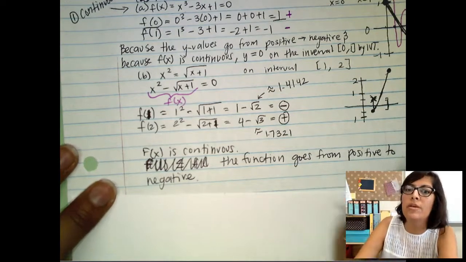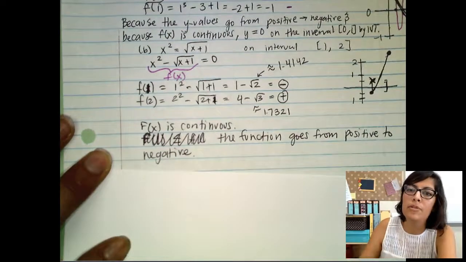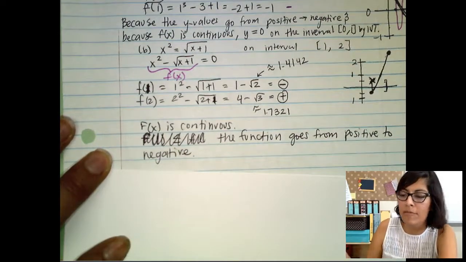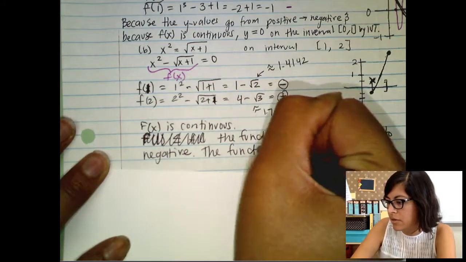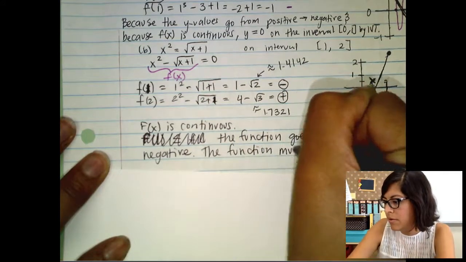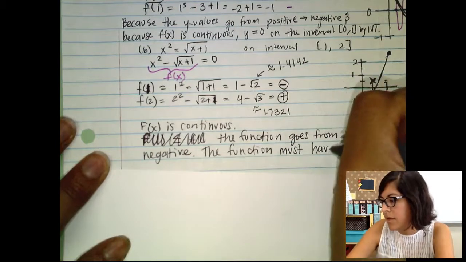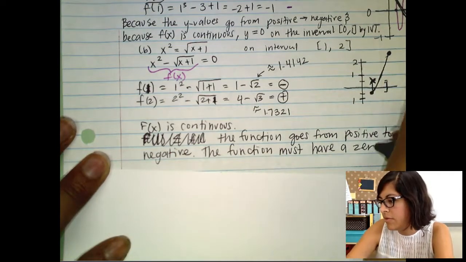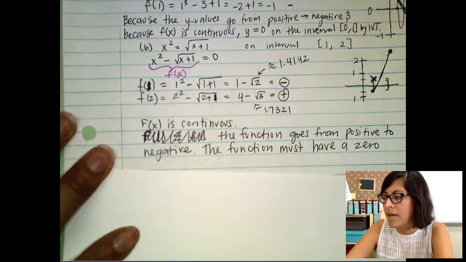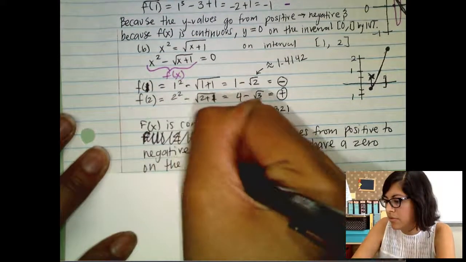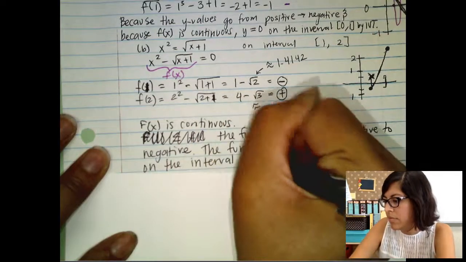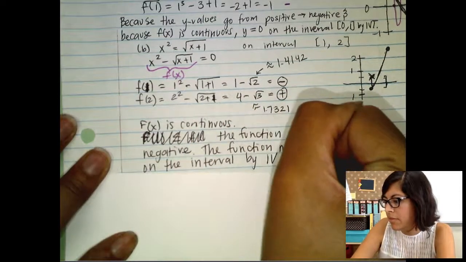Therefore, the function must be equal to 0 at some point in between in the interval. So the function must have a 0 on the interval by the intermediate value theorem, by IVT.